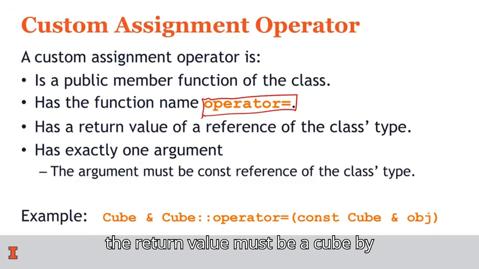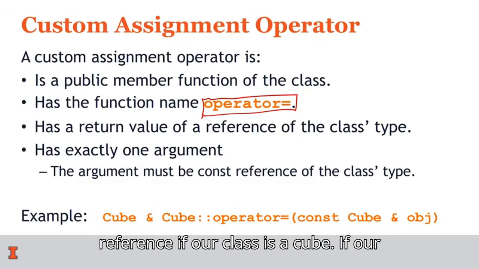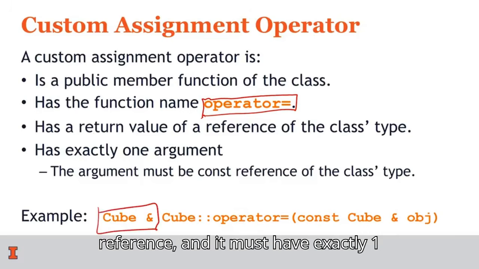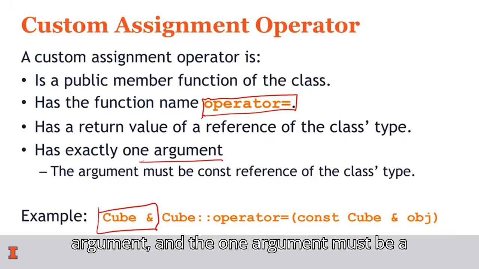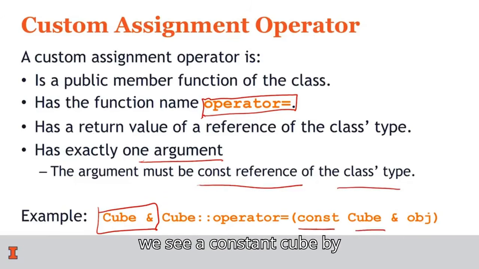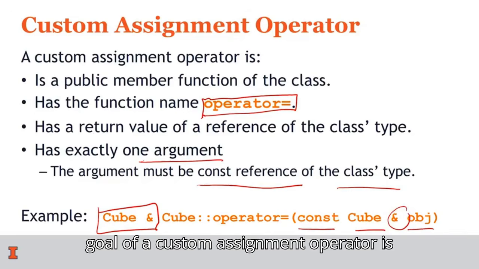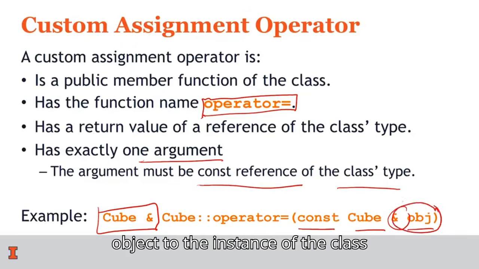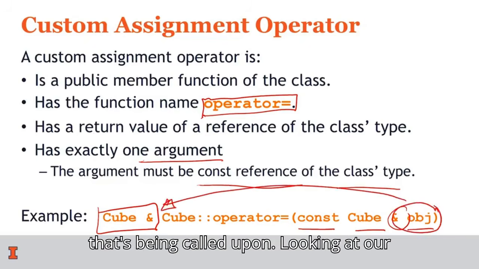So the return value must be a cube by reference if our class is a cube. If our class is a sphere, it must be a sphere by reference. And it must have exactly one argument, and the one argument must be a constant reference to the class's type. Here we see a constant cube by reference object. The goal of a custom assignment operator is to assign the contents in object to the instance of the class that's being called upon.